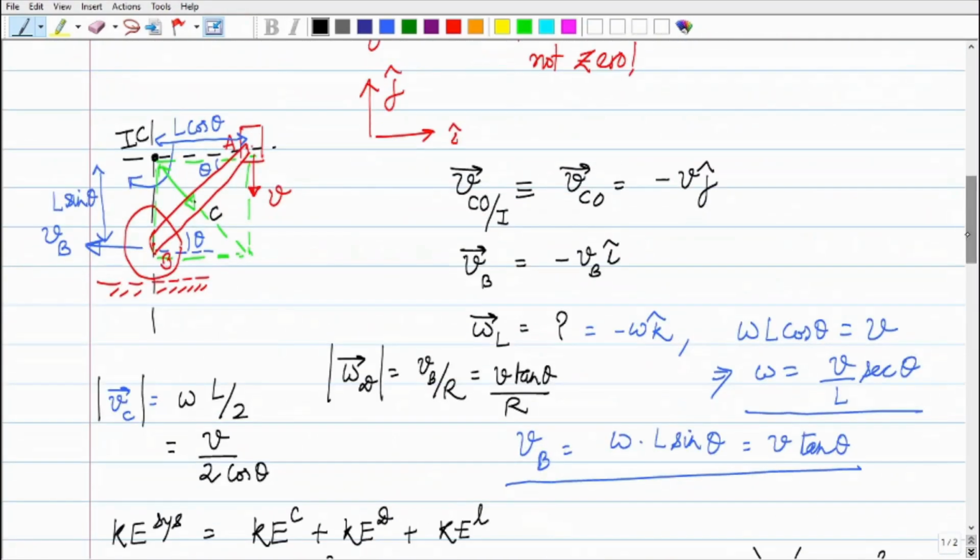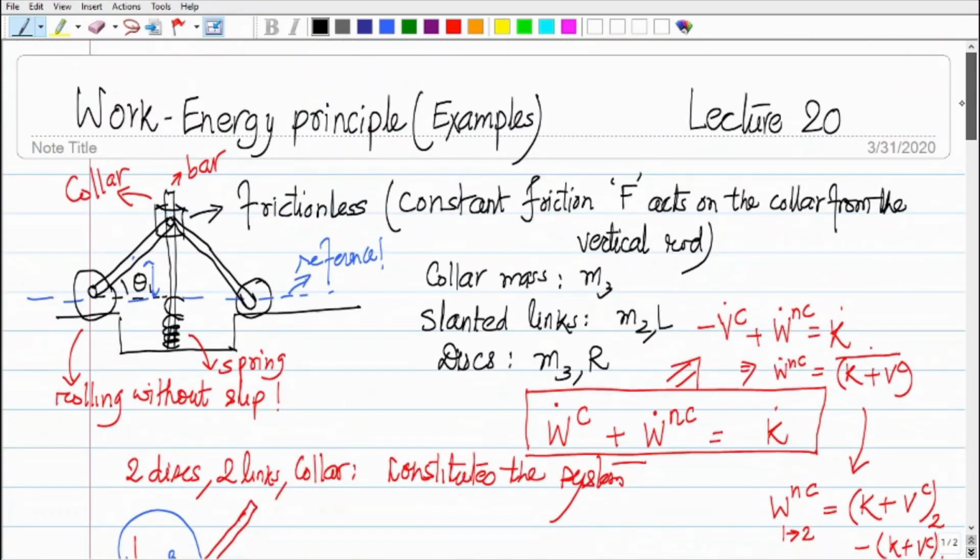So look at the system again. This is the initial state. You leave it at this state. The collar starts going down. It picks up velocity, although there is friction acting. But the gravitational pull is more than the friction there. So the collar goes down. Its velocity keeps on increasing. Then we have theta equal to 0.